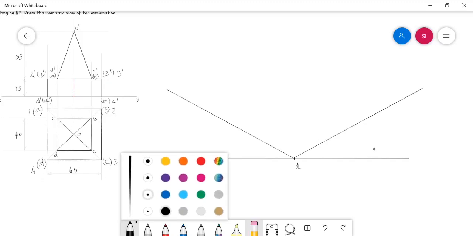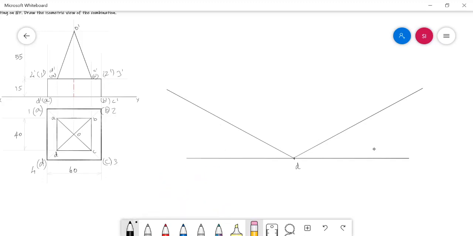I am marking the distance in an approximate manner only in this situation, and you have to draw with the true dimension on your paper.